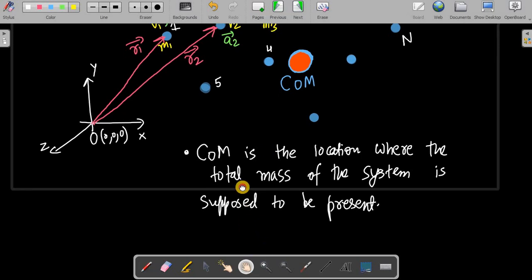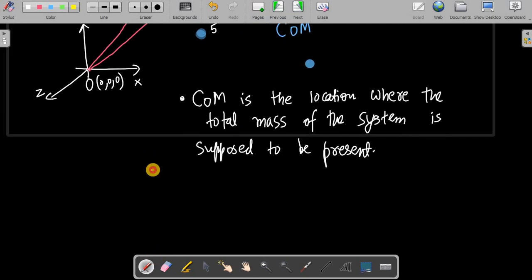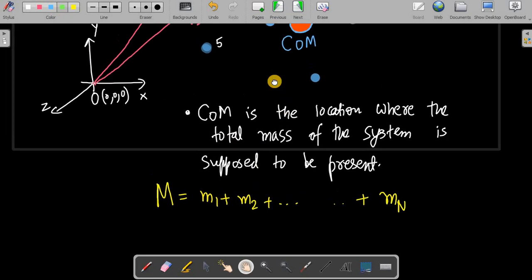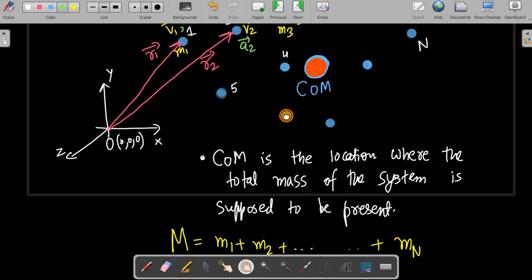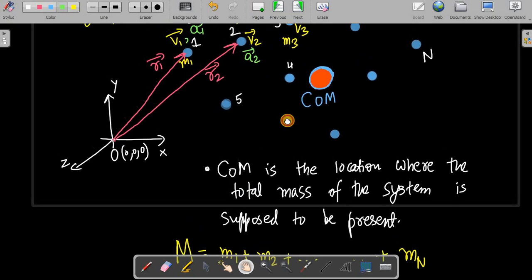So the total mass, m1 plus m2 plus m3 and so on, the sum of masses up to the nth particle, is the mass of the center of mass. Now we need to understand where its location will be.